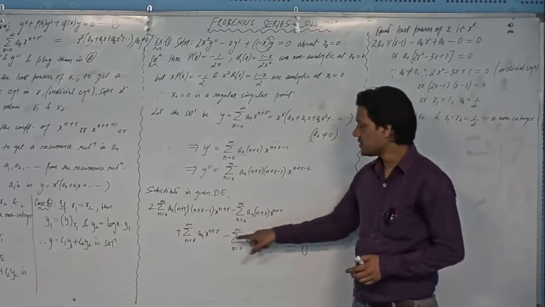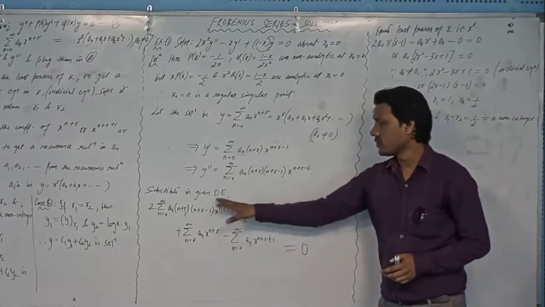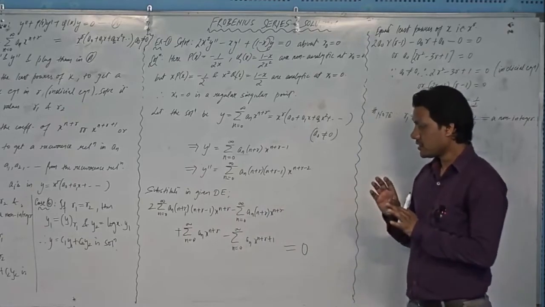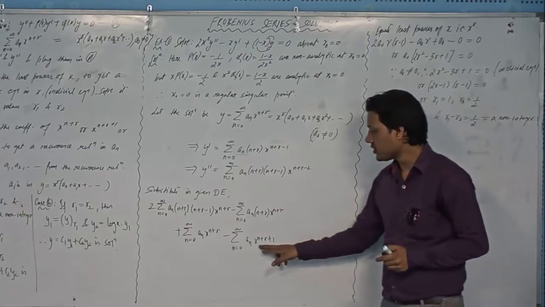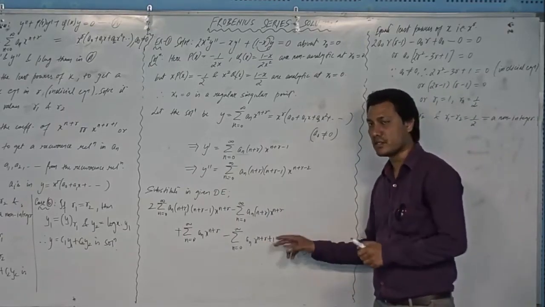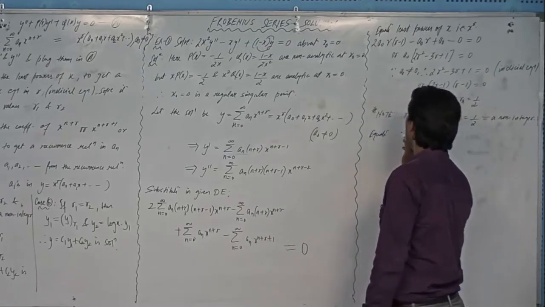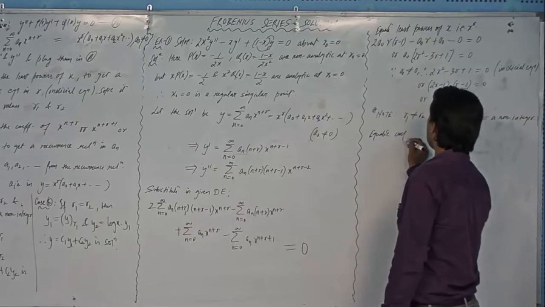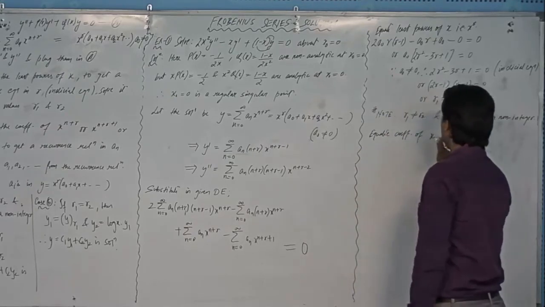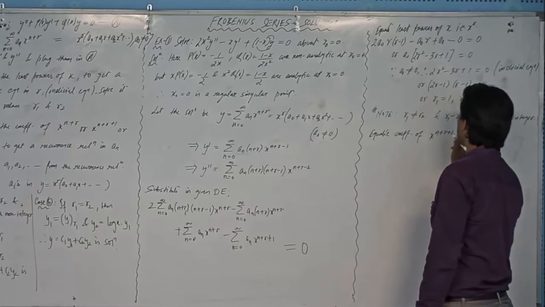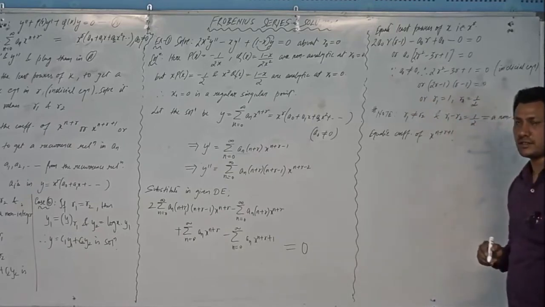It is the highest of all of them, right? So I will compare the coefficient of x to the power n plus r plus 1 in this example. So equate or compare coefficients of x to the power n plus r plus 1, both sides, right?